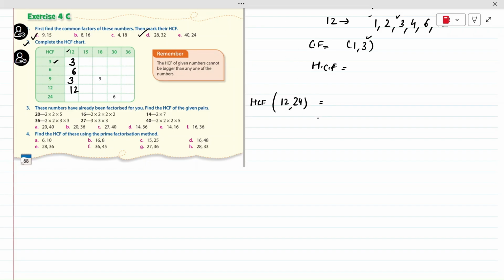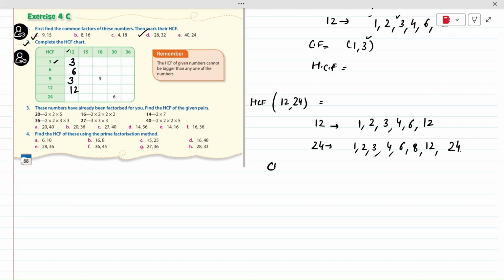What are the factors of 12? The factors of 12 are 1, 2, 3, 4, 6, and the number itself. Coming to 24, for 24 we have 1, 2, 3, 4, 6, 8, 12, and the number itself, 24.